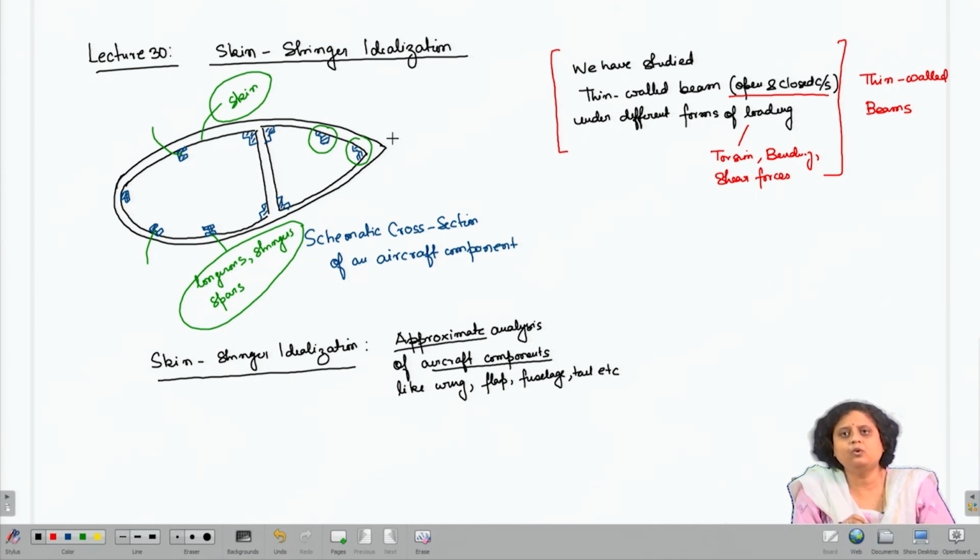But there are two issues with that. First is that doing a complete numerical analysis will give us numbers, and to understand whether those numbers are correct and what those numbers physically mean is also very important to successfully design and analyze an aircraft structure. So, just getting numbers which represent the stress, strain and deformation will not serve the entire purpose.